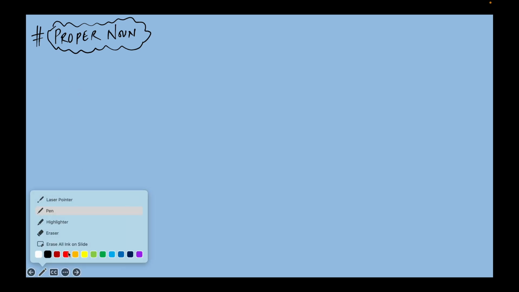It is a proper noun. So what is a proper noun? As the name itself suggests, proper means something which is particular or specific.